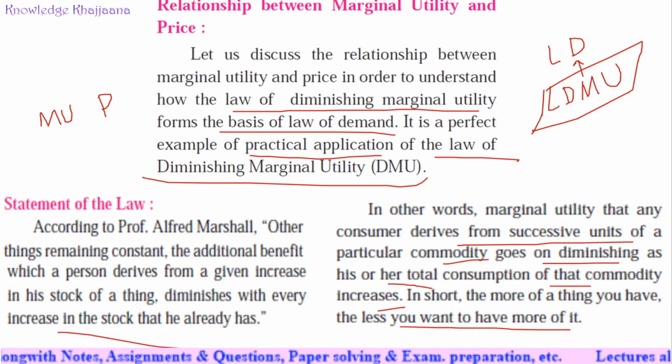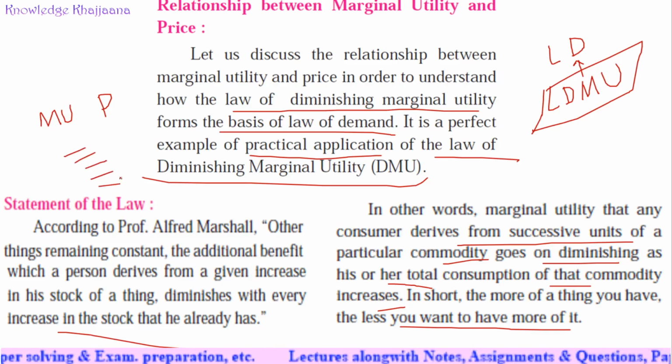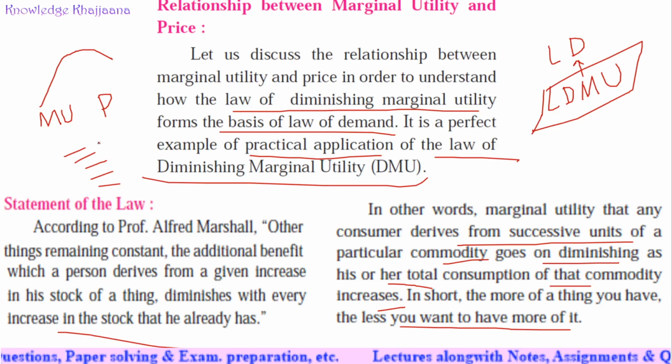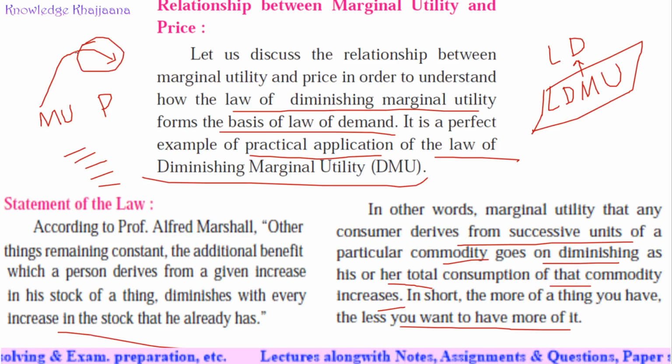And what does the fourth point of the basis of the law of demand say? When a consumer purchases more and more units of a good, its marginal utility steadily declines. It means he would buy additional units only after reaching the point of satisfaction, and he will buy the additional units of a commodity only at a lower price.